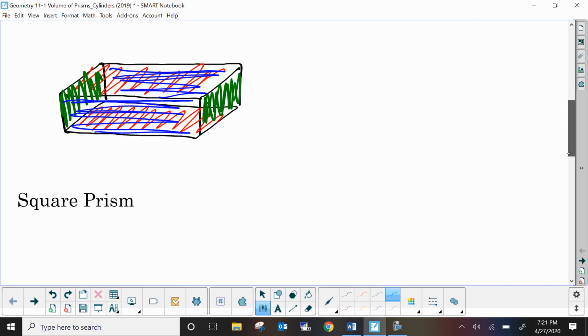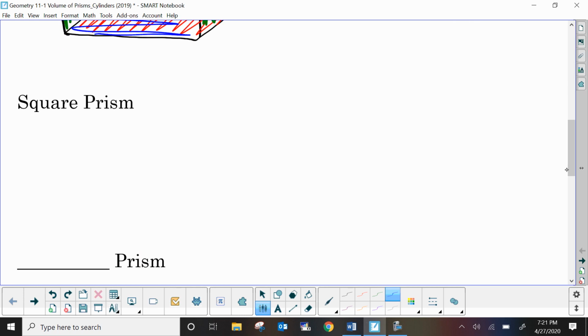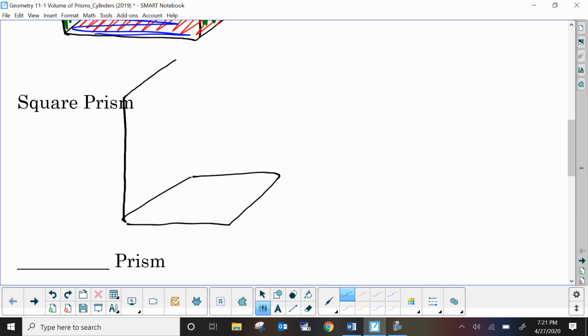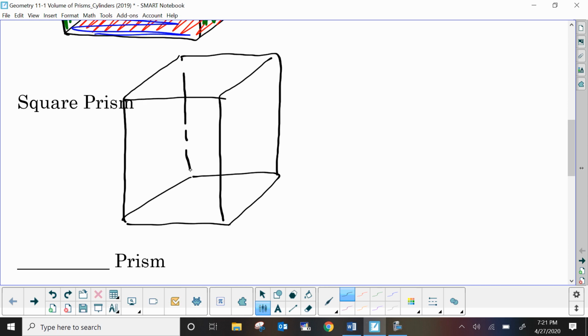Okay. And then there is a square prism, which now if you think about it, the base is a square. So all of the sides are the same length, and we don't care how tall this goes, just as long as the base is a square.